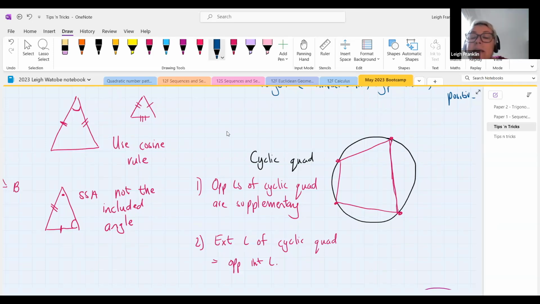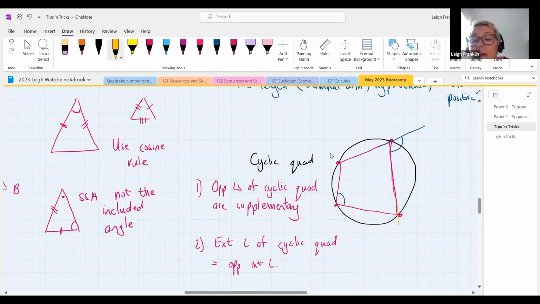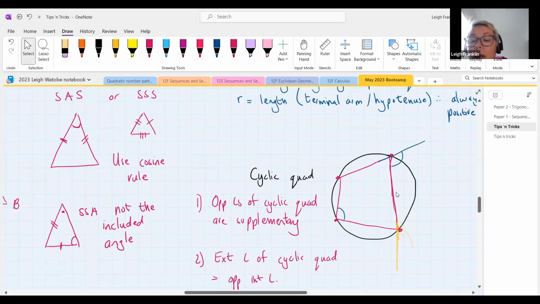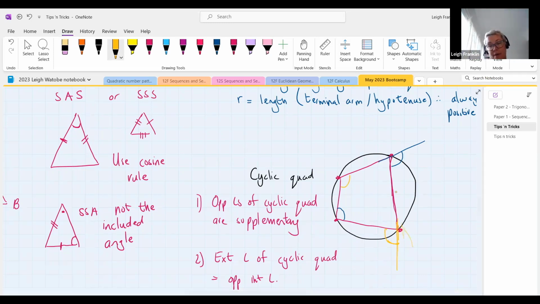If I extend this side over here, there's my exterior angle. It would be equal to this angle over here. Or if I extended, say, this side over here, like that, then here's my exterior angle. It would be equal to the opposite interior angle over there.